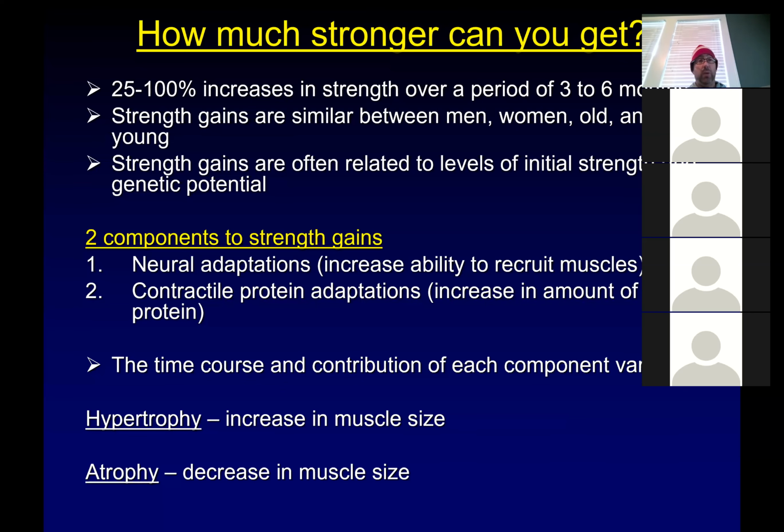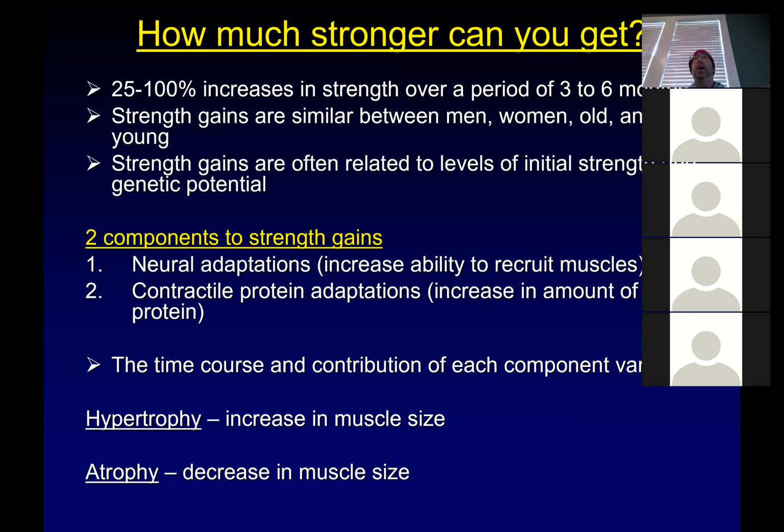Let's say we have a guy who can squat 200 pounds, and he increases that to 250 pounds. That's a 25% increase. We have a woman who can lift 100 pounds, and she increases it to 125. That's the same 25% increase, even though in an absolute sense, the guy's gone up 50 pounds and the woman has gone up 25 pounds.